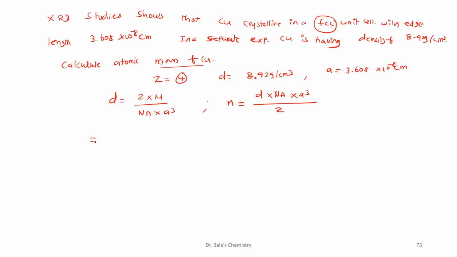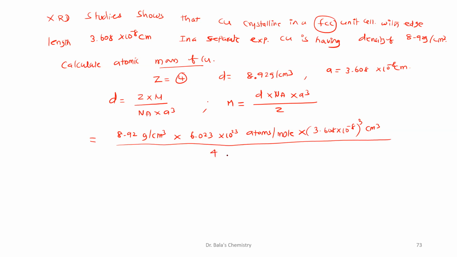So we know the value of density, 8.92 gram per centimeter cube, into Avogadro number, 6.023 into 10 power 23 atoms per mole, into a cube, that is 3.608 into 10 power minus 8 the whole cube centimeter cube, divided by the total number of atoms, 4 atoms.